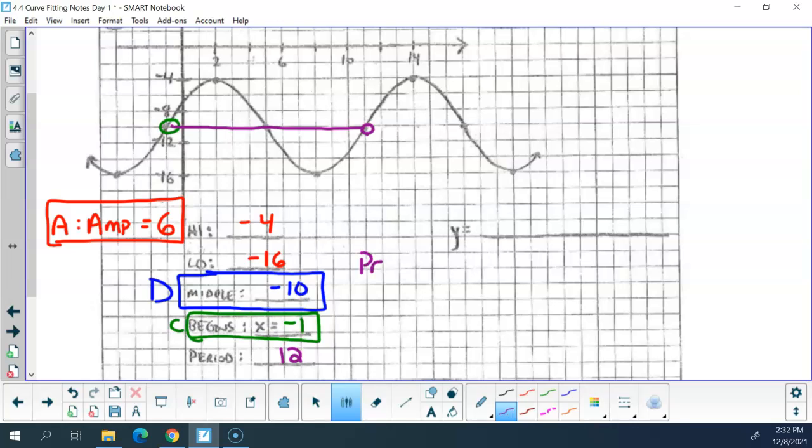So period is equal to 2 pi over b. My period was 12. So that's 2 pi divided by b.